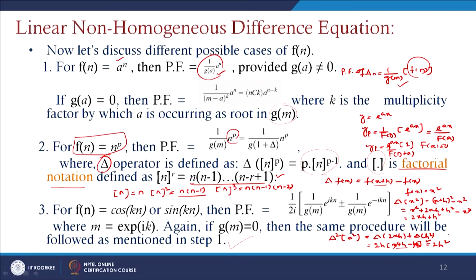If we keep the step size h equal to 1, then del square of x square equals 2.